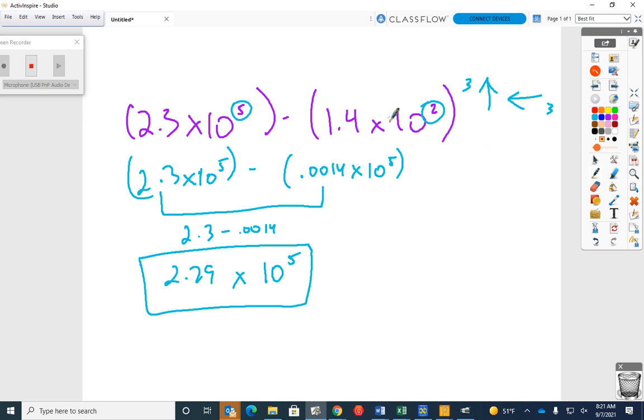If I was to move this 5 down to 2, then my decimal would go to the right. If you were to move it to the right, would it be a negative? Not necessarily. If I wanted to get the 5 down to 2, I'd go down 3, and then my decimal on this number would go to the right 3. But it's easier just to get them to the same number. That makes sense. Okay.